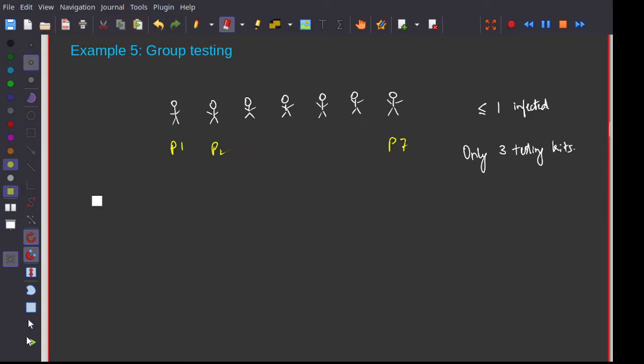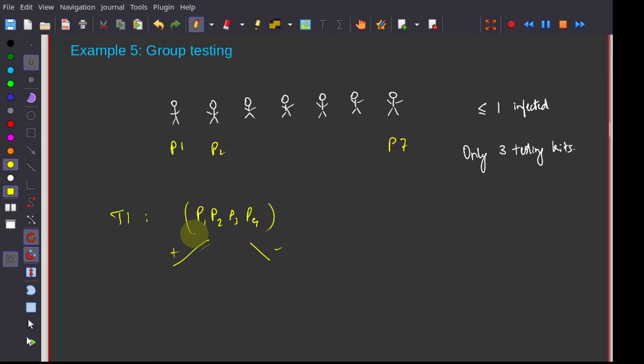So the scheme you are proposing is that I pool together P1, P2, P3, P4 and test them first. If it is positive, then I know that one of these 4 is infected.